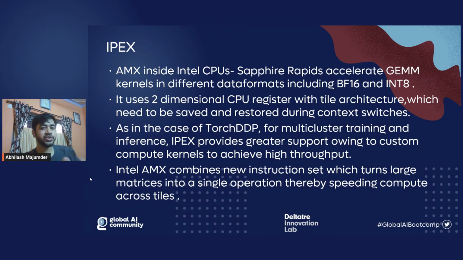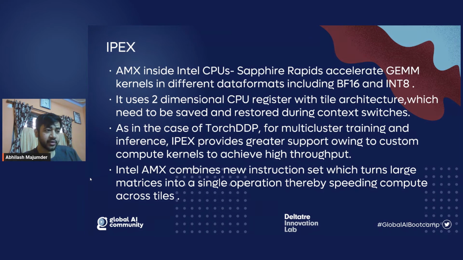So context switches are handled efficiently, not by the standard round robin scheduling that we see, but in a very efficient way. In the case of IPEX, we can also use Torch DDP, the distributed learning framework that we saw. IPEX provides great support for that. It just leverages it faster.